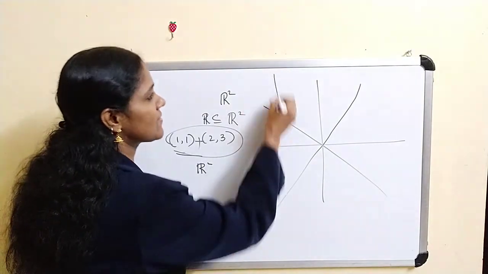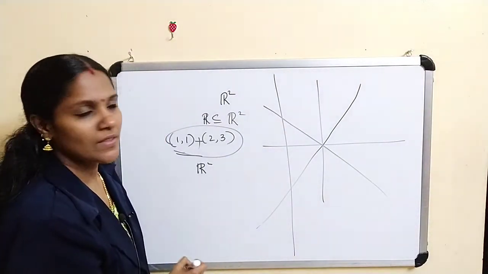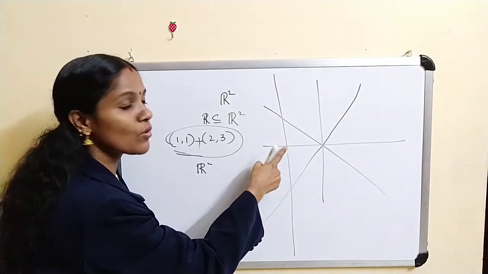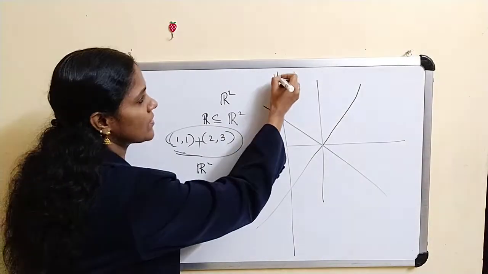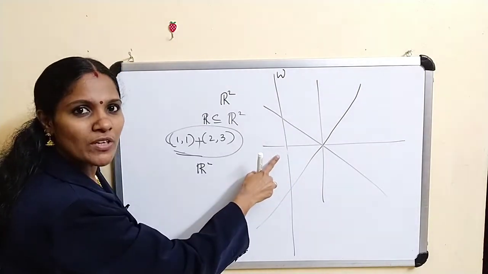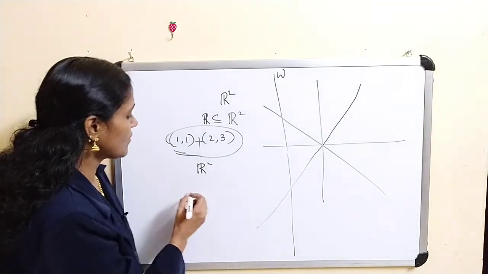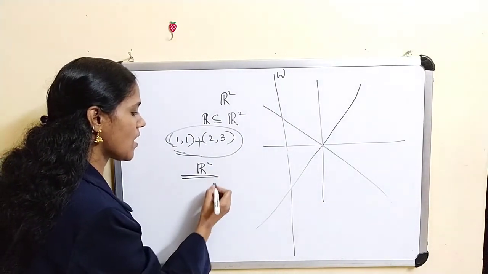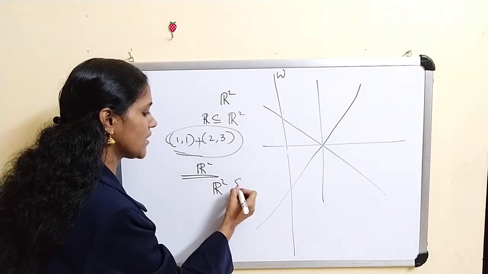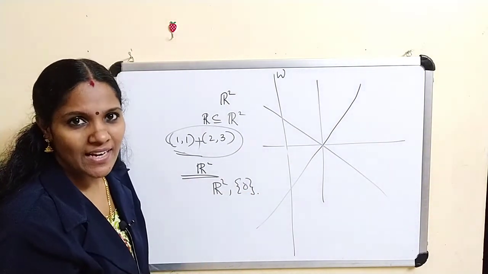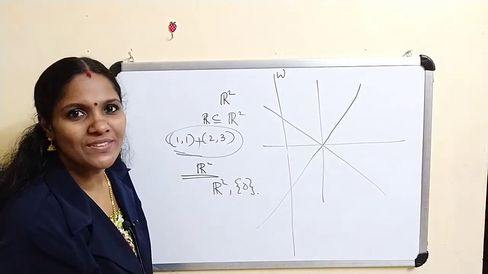Now what about other straight lines? If this straight line is not passing through the origin, that means 0 does not belong to W, therefore W is not a subspace. Therefore the subspaces of R2 are R2, the set {0}, and any straight line passing through the origin.